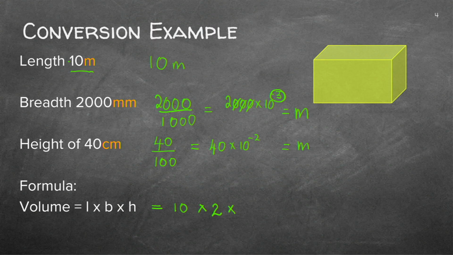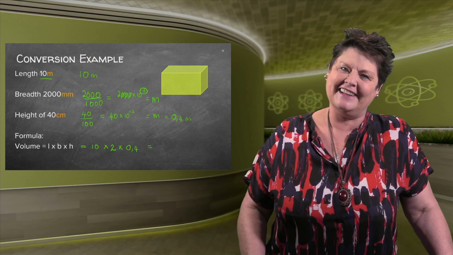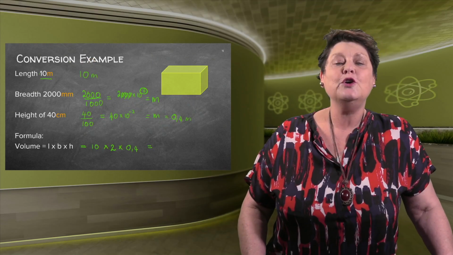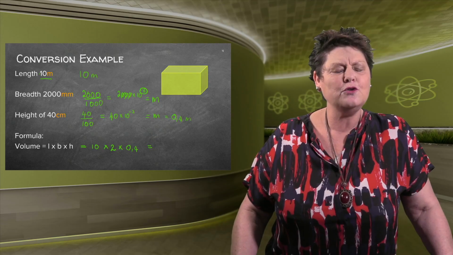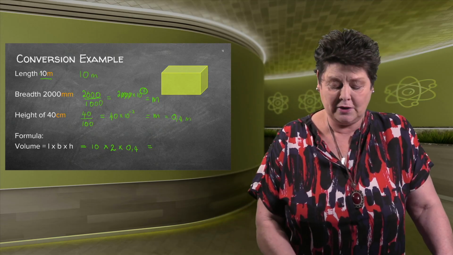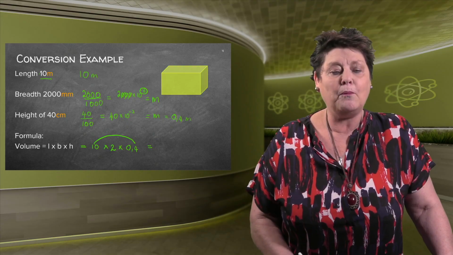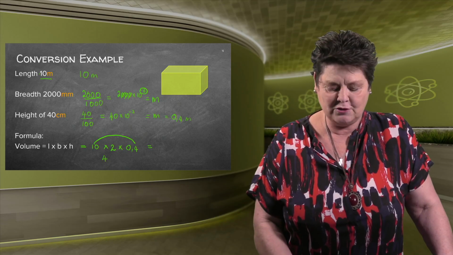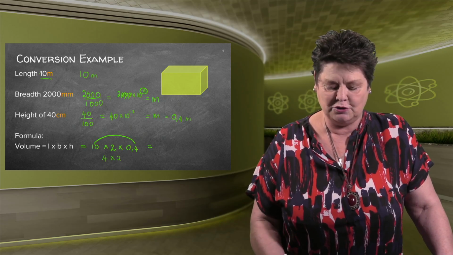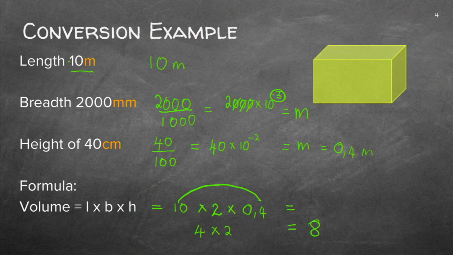That will give me 0.4 meters. So let's do this calculation. Most of you will probably do this with a calculator. I'm challenging you to put your calculator away and think, can I do this without a calculator? Well, you can. 10 times 0.4 is in actual fact 4. And you then have to multiply it with the 2, and that will give you an answer of 8.